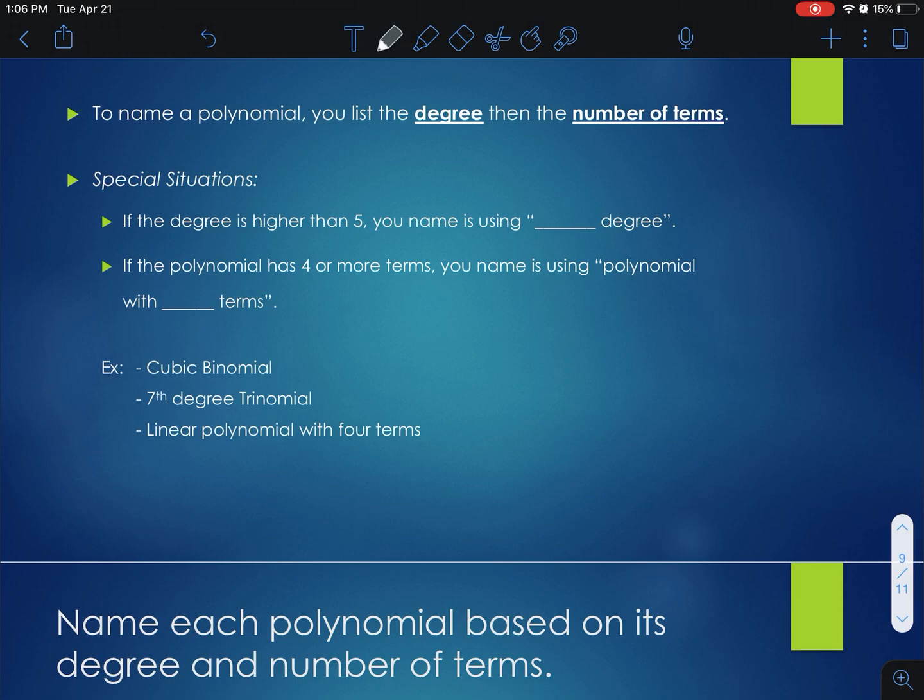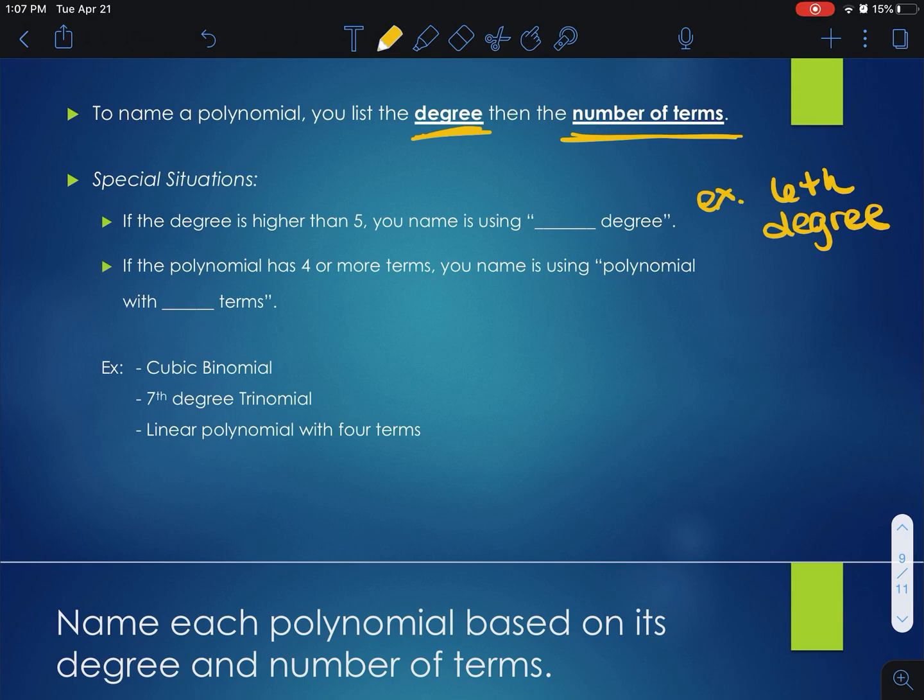Now, to name a polynomial, you first list the degree and then the number of terms. So, a couple of special situations. If the degree is higher than 5, you name it using blank degree. So, it would be, for example, 6th degree.